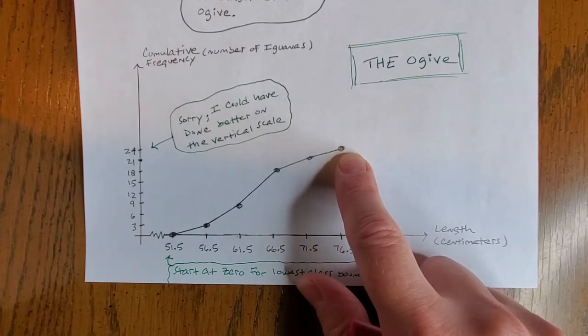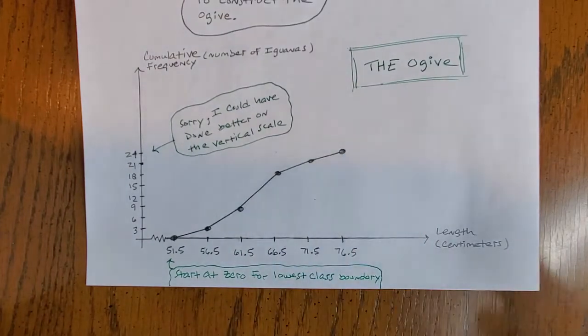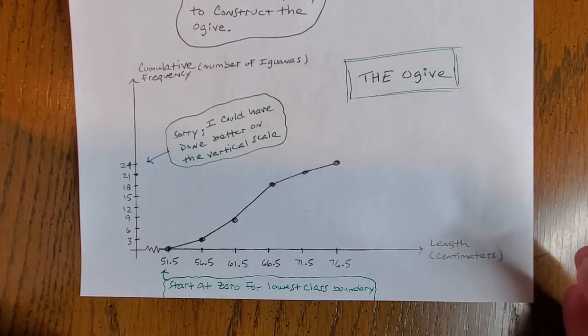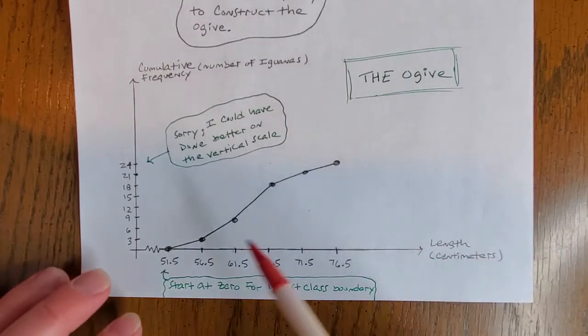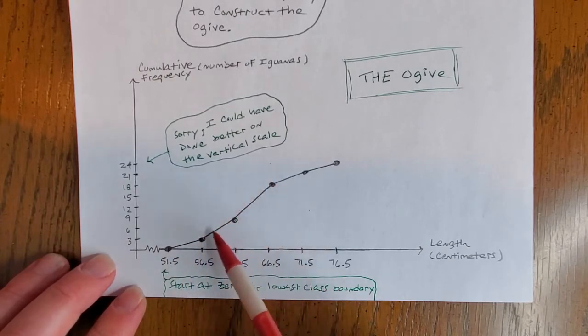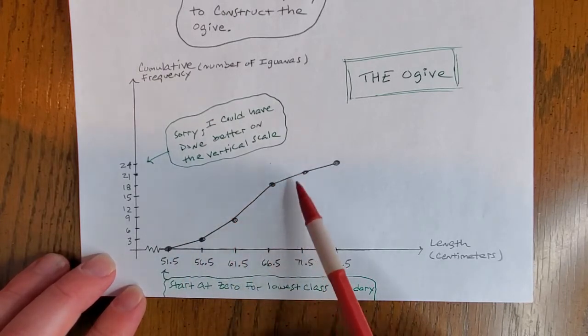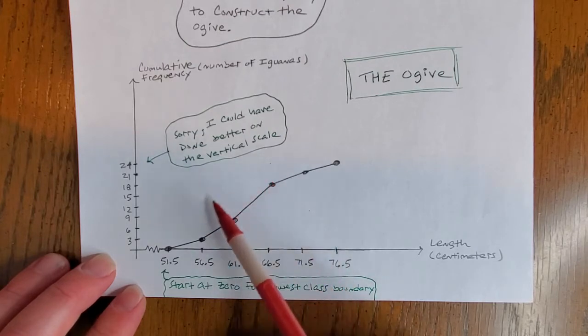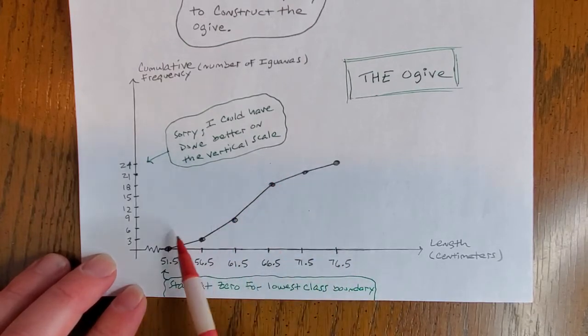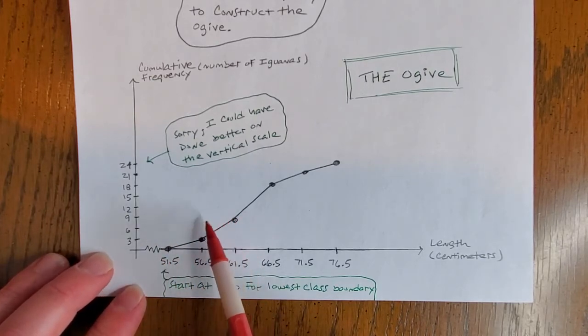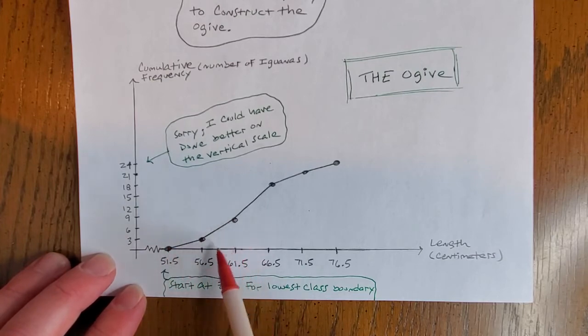Now, as far as patterns go, I started the video by saying the point of the graph was to try to discover patterns in the data, and I can see that the biggest rise in the number of iguanas happens in here, okay? Not so much at the beginning. As we go up to 56.5 or 61.5, we're not finding that many iguanas that have lengths up to 61.5.